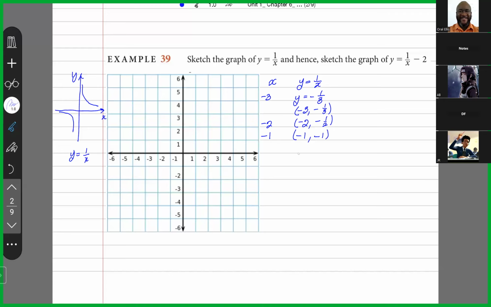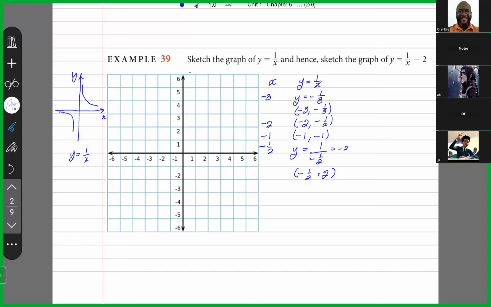If x is, let us say, 1/2, and if x is minus 1/2, y would be 1 over minus 1/2, which is really the same as saying minus 2. So the point is going to be minus 1/2, minus 2.